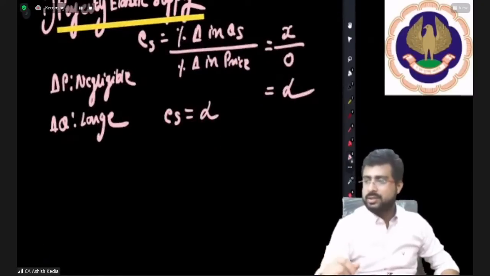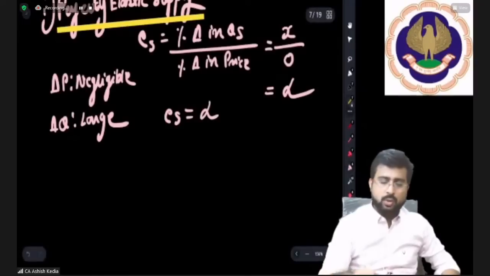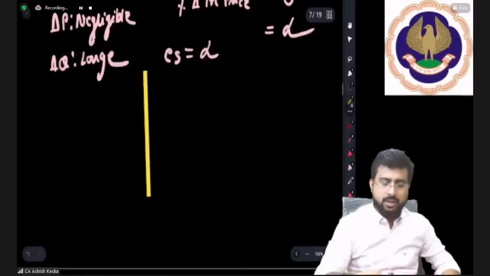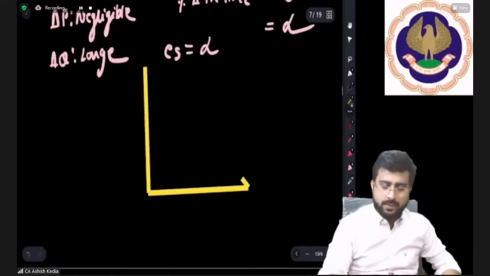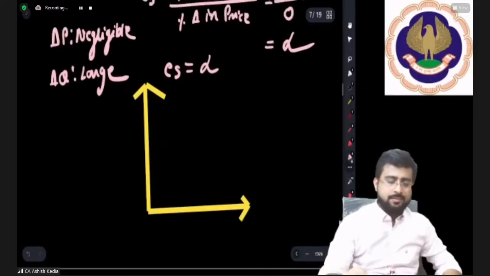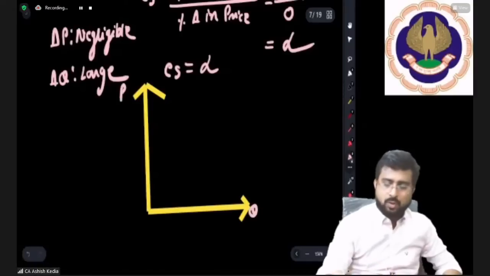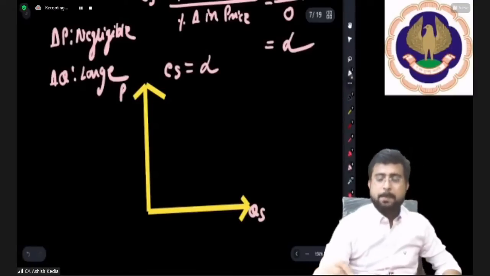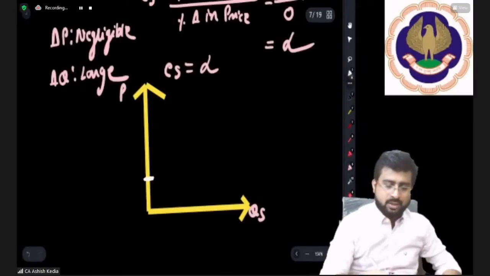I'll show it to you how to do it. I put price here and quantity supplied here. This is price P1, this is quantity Q1.